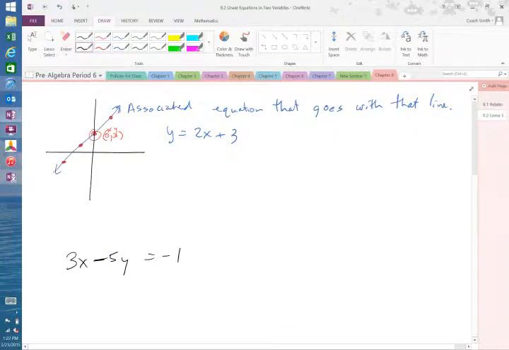What they want to do is put right beside it two numbers. They're going to put 9 and 5 in parentheses.